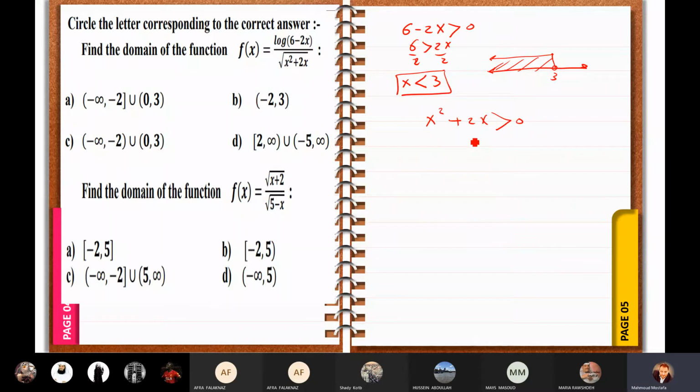How to solve this one to find the roots? You can take x common factor: x times (x plus 2) greater than 0. And you have to test. Here we have 0 or negative 2. Negative 2, of course, to the left.